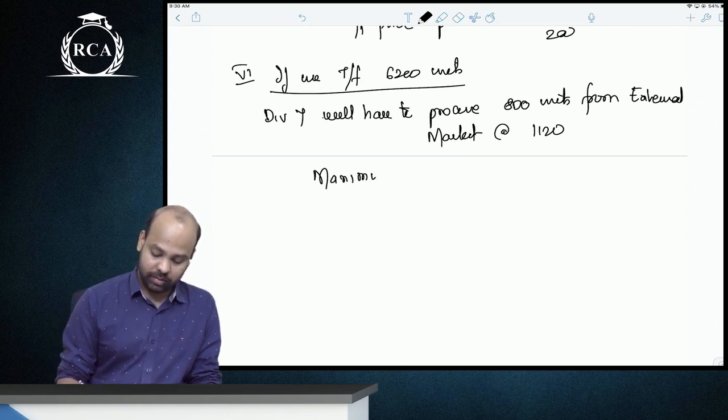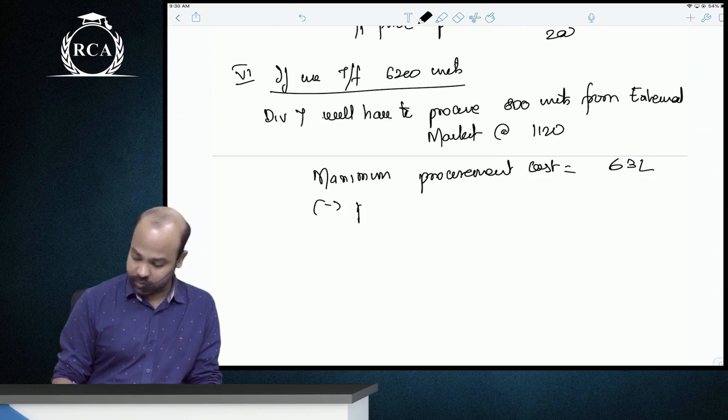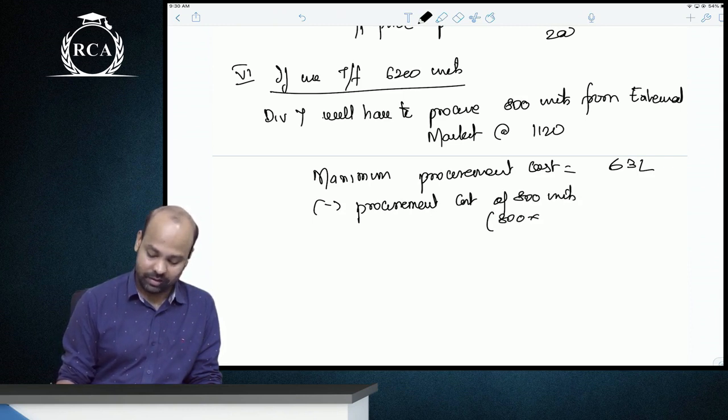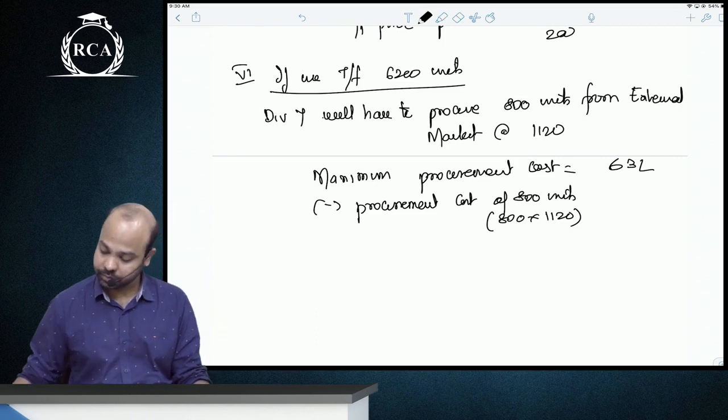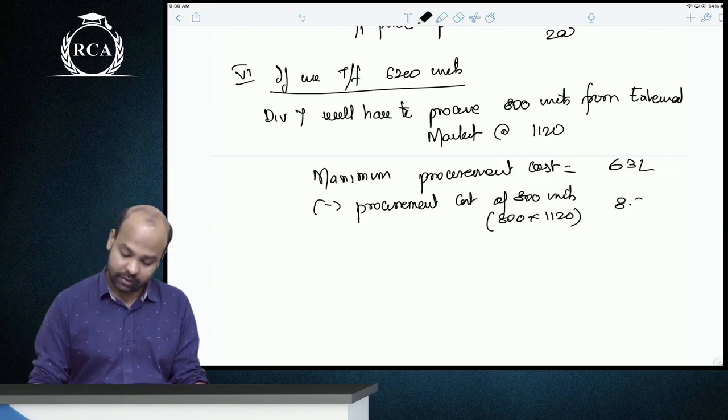Maximum procurement cost is 63 lakhs. Less: procurement cost of 800 units would be 800 into 1120, which is 8,96,000.